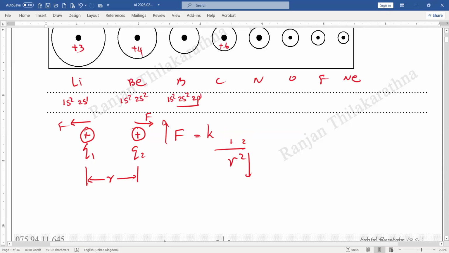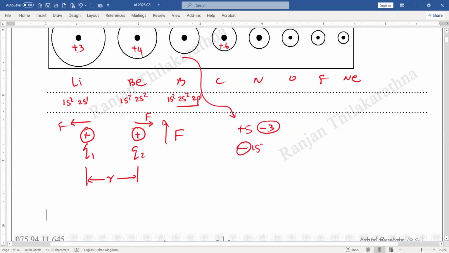Therefore, because the charges are increasing, Q1 and Q2, say Q1 is the plus charge, say plus 5 in the case of this boron, the negative charge is minus 5. Now, if you just consider the outermost shell, it has only 3 electrons, then it is minus 3. Then this will be minus 15. Minus sign indicates that it is attractive.